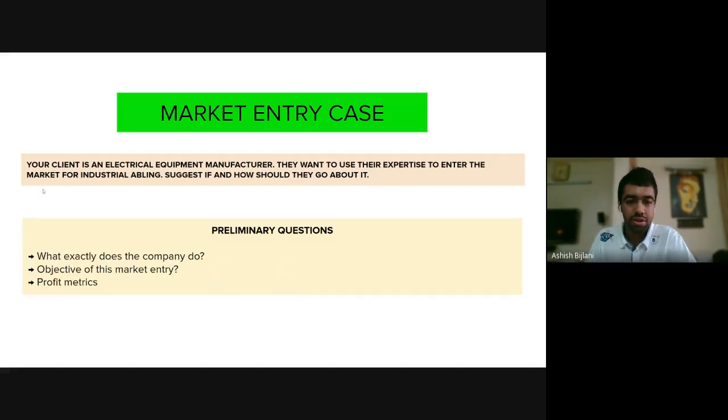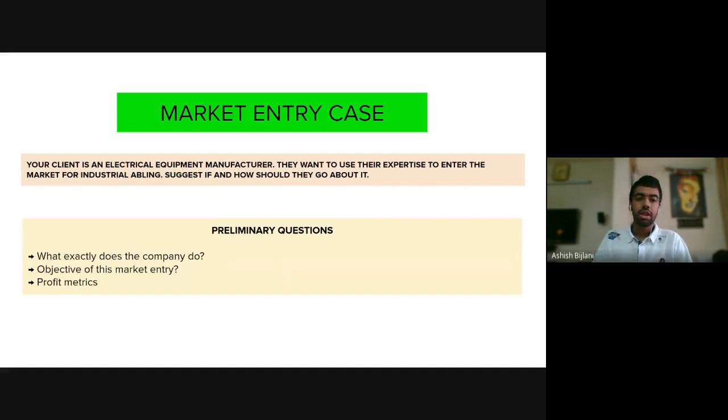Then the next question is, if we are trying to enter this cabling industry, what do we mean by that? What is the objective? The answer I got from the interviewer was that it seems like an easy step up from the current business they have, and also a lucrative market. They wanted to evaluate it, and they feel that it might help drive their profitability moving forward.